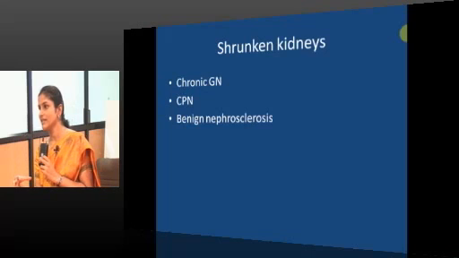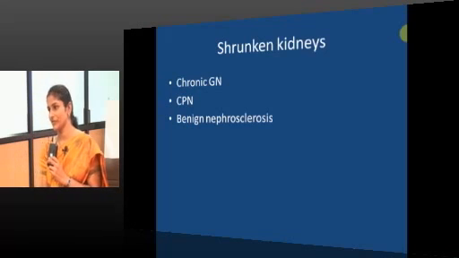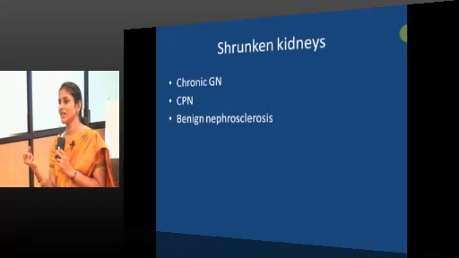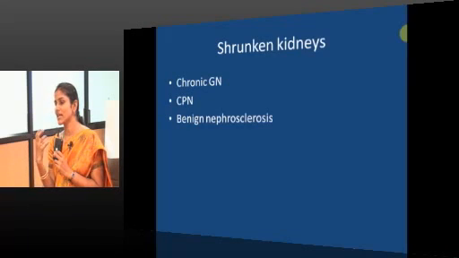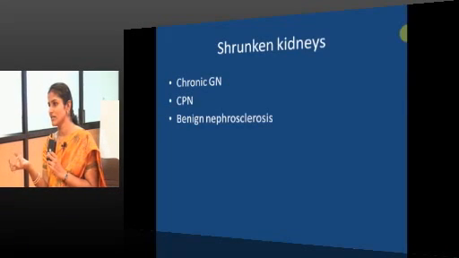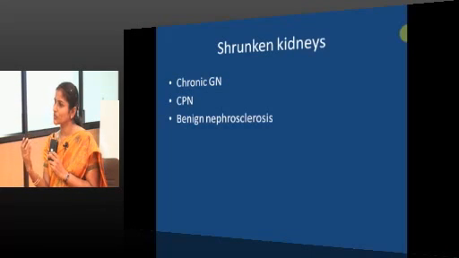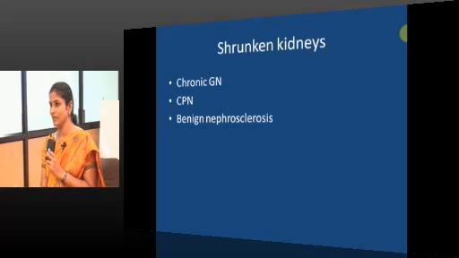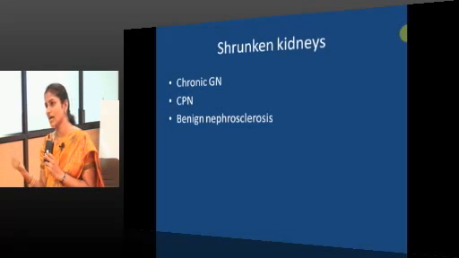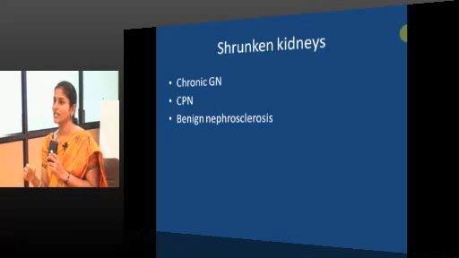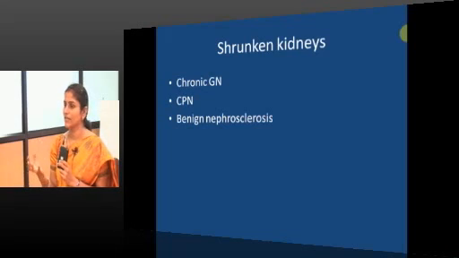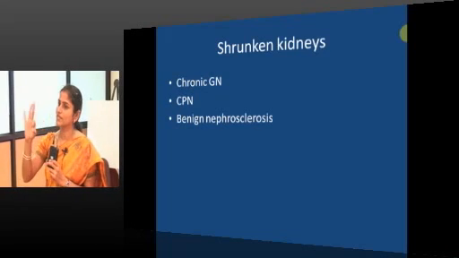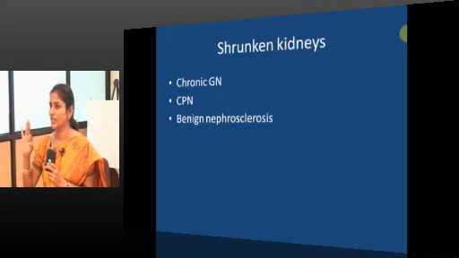Symmetrically contracted in chronic glomerulonephritis, asymmetrical contraction in chronic pyelonephritis. What causes this asymmetrical contraction? It's basically chronic pyelonephritis due to infection, inflammation that may result in fibrosis, scarring. So, because of the presence of scar, the kidneys will go in for asymmetrical contraction. Just remember these 3 conditions are associated with shrunken kidneys.